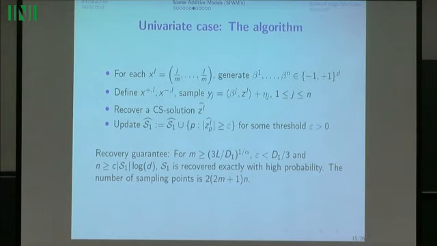So we add this value into S1. So that was for us the main achievement, because once you have the support set, your problem reduced from d dimensions to s dimensions, and then you can do whatever you want. So then you can use any classical sampling scheme from approximation theory, and it's fine. So you see that the number of sampling points got down to log d, which is the compressed sensing result.